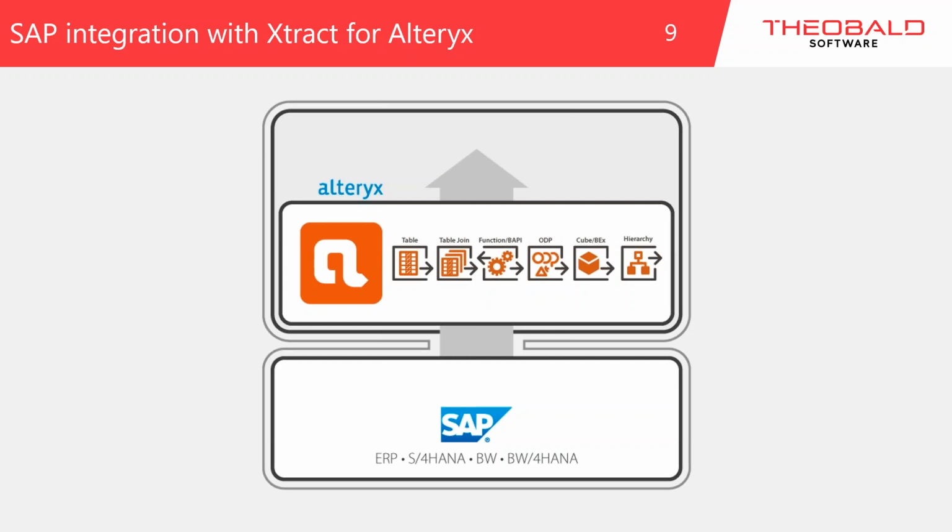So if we are talking about info objects, about ADSO in BW, so far that's all supported. Also extractors and data sources. As you see, different source object types are supported, and most important, for example, features for incremental load are supported with, for example, extractors or other source object types.